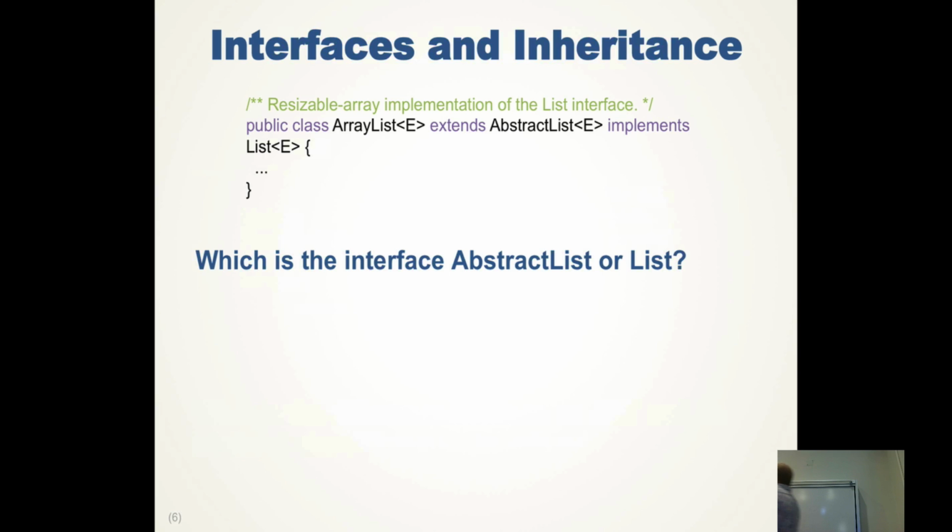Now interfaces versus inheritance. So which is it? Which is the interface? List<E>, because it implements the interface and extends the superclass.